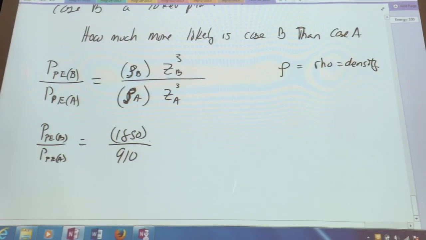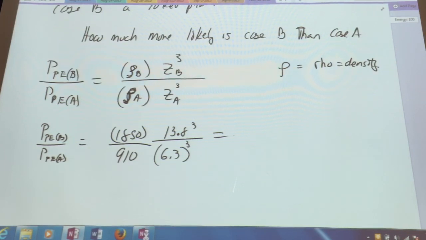And we have the effective atomic numbers 6.3 and 13.8. And we calculate away. And I come up with 21.4.